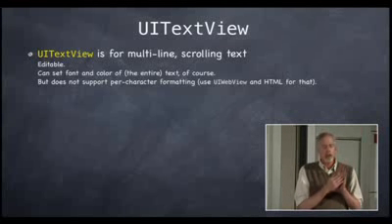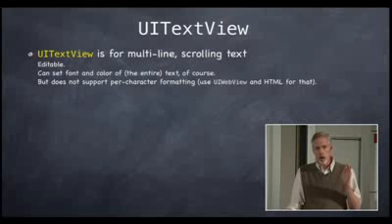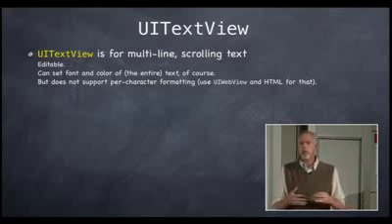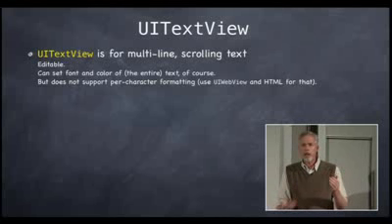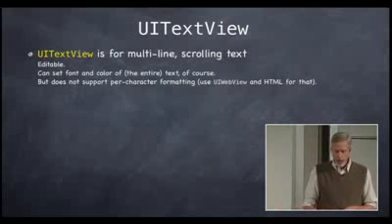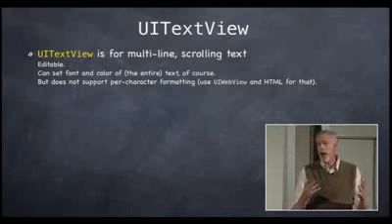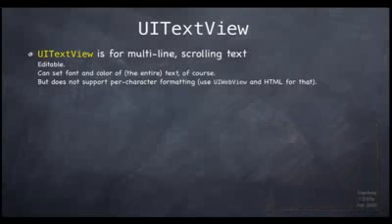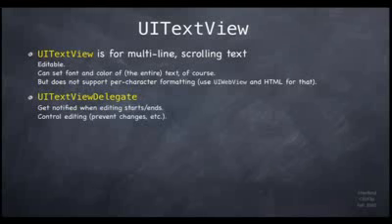UITextView is no images, all the same font. You can set the font, but it's all the same font. So it's for simple displays of text that aren't too long and don't have a lot of formatting, etc. If you want the formatting and stuff, then UIWebView, which we already talked about, is what you want.